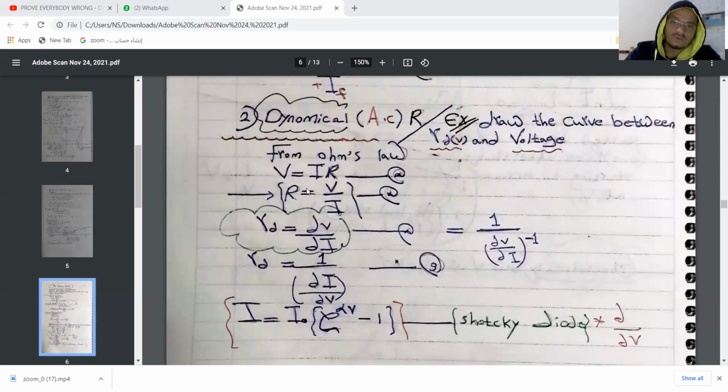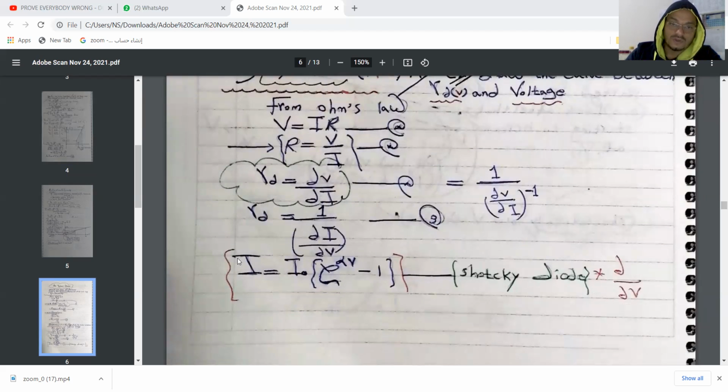From Ohm's law, V equals IR, and dynamic resistance equals dV divided by dI. We can say it like that: 1 divided by dI over dV. This is a very important equation. Let's name it equation number 3.